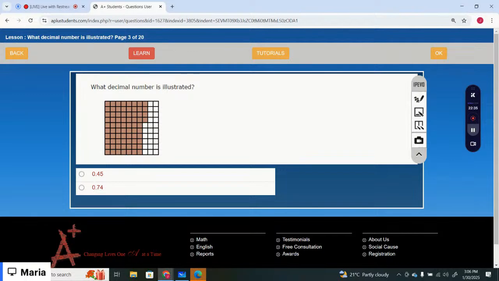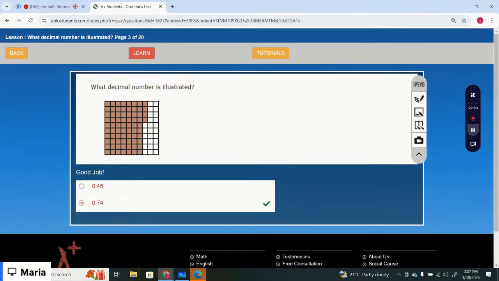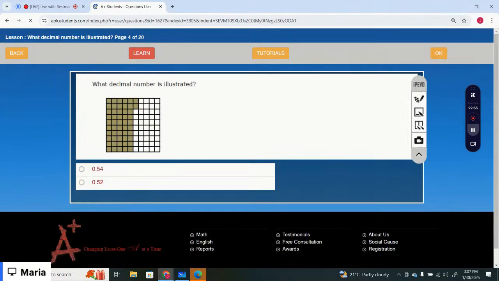What decimal number is illustrated? Which is the correct option? That is 0.74. Option number 2 is the correct option. Very good. That is 0.74. What decimal number is illustrated?